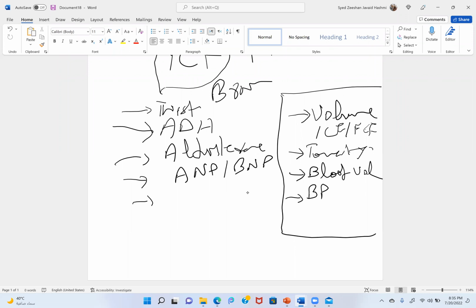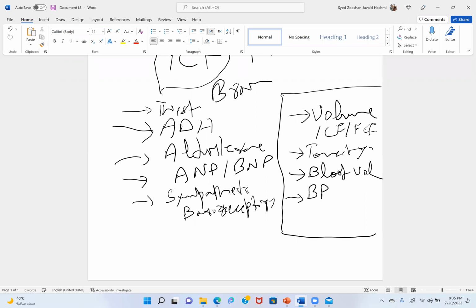So there is a strict control, including control by sympathetic outflow through baroreceptor control. This is a stretch receptor.